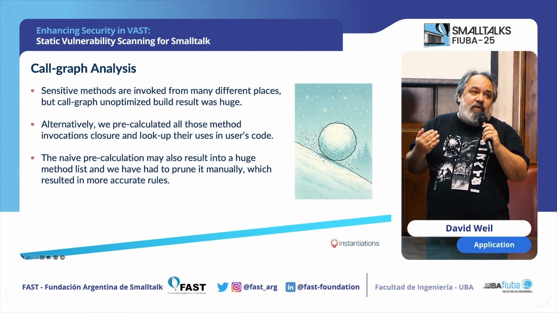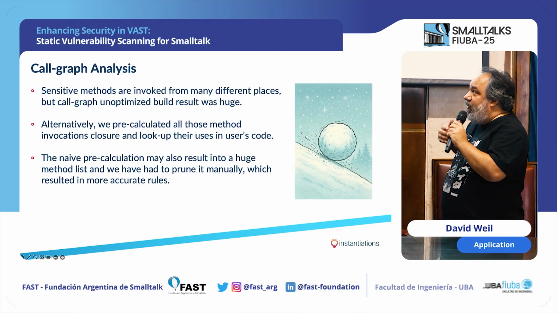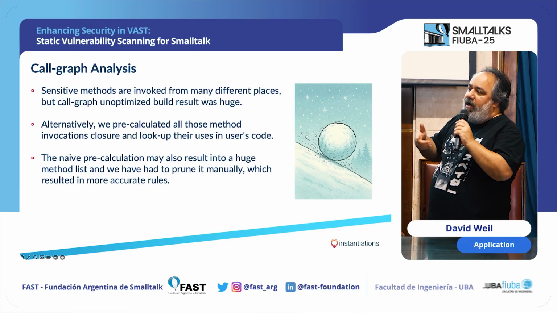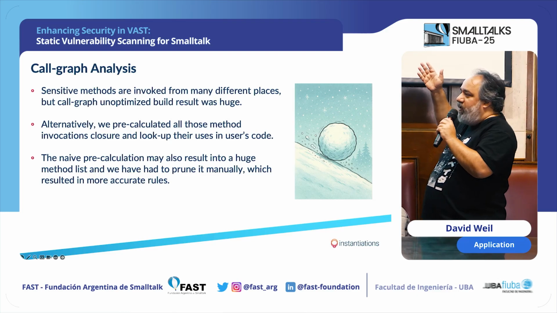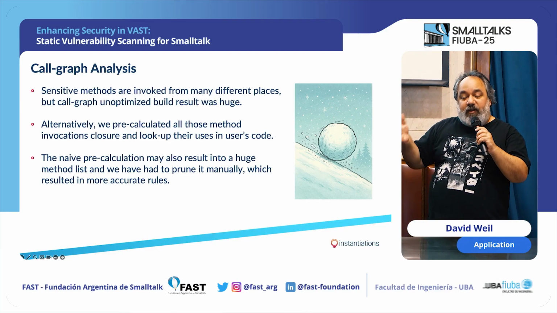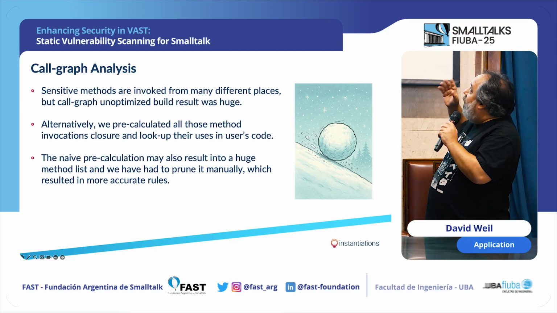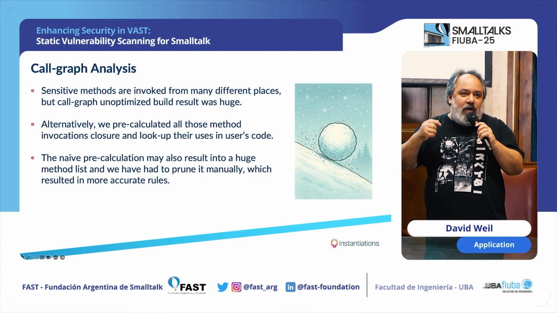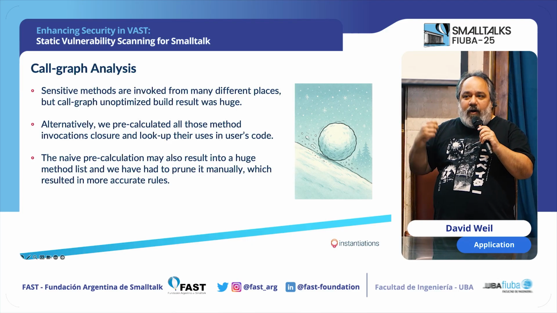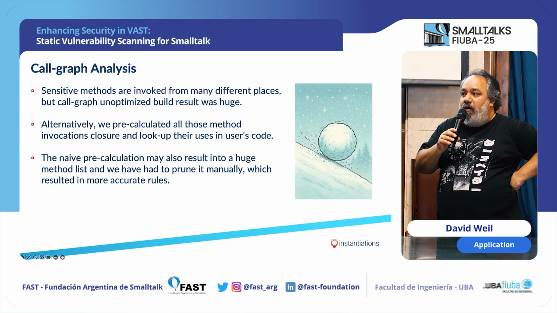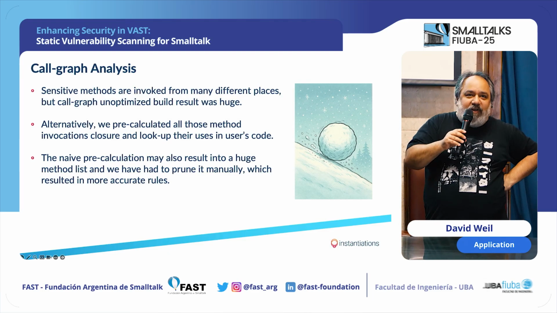And we were interested in looking up those invocations in the user code. But when you start to precalculate all those functions invoking sensitive functions, you get the snowball effect, where a lot of functions are listed, right? So the graph is massive.